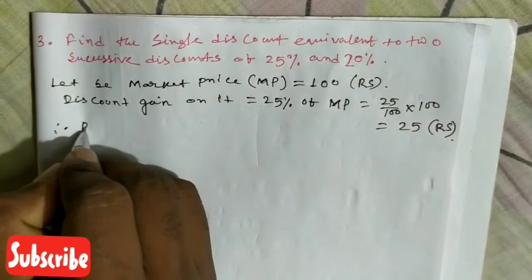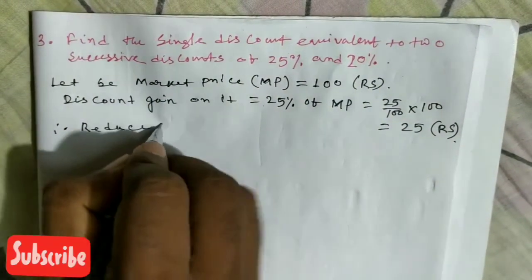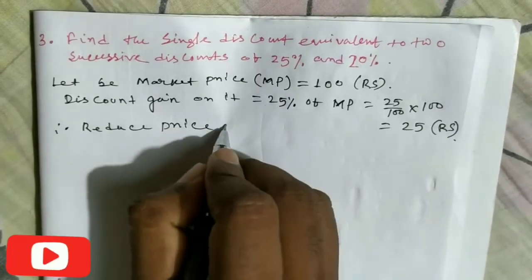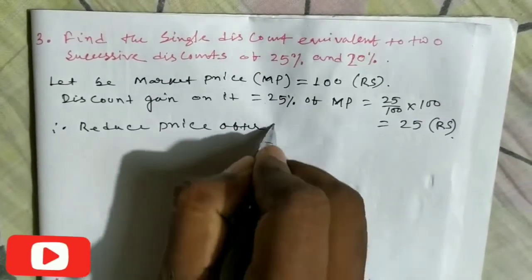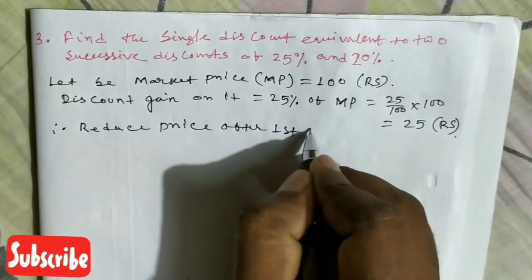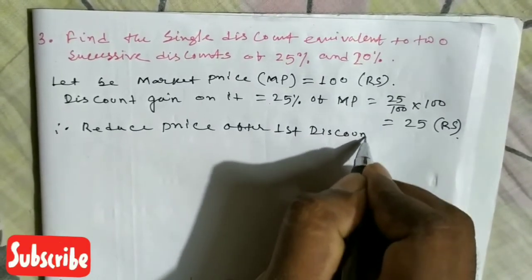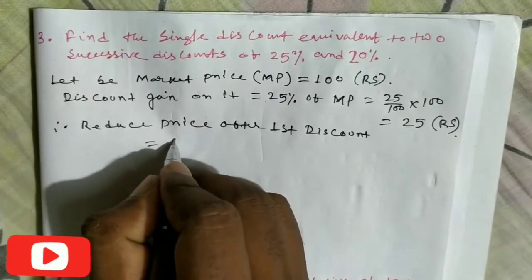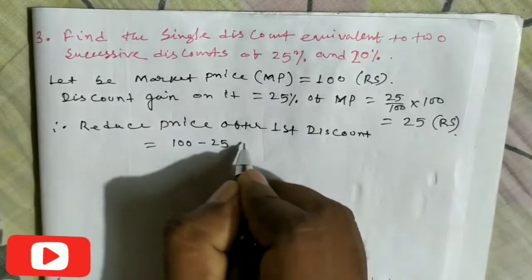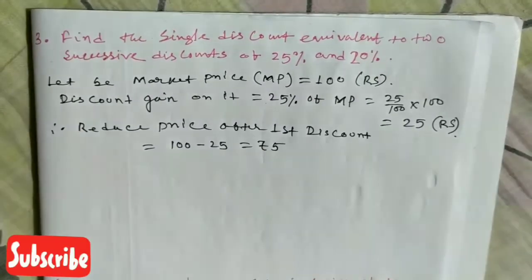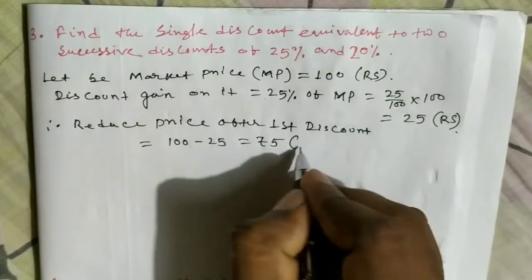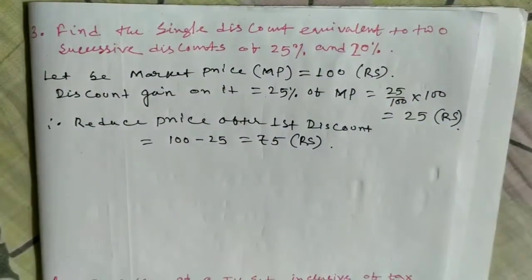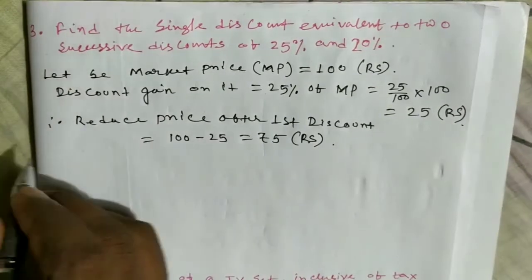Therefore, reduced price after first discount is equal to ₹75.